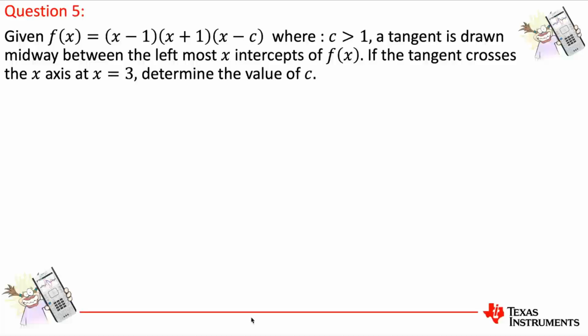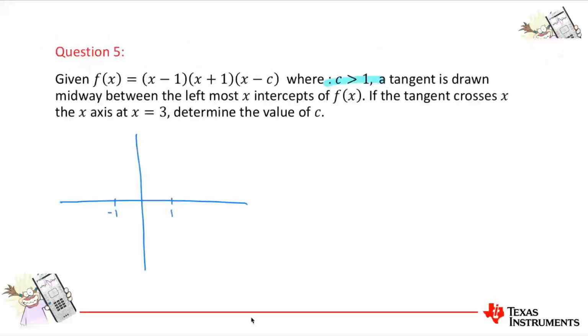Right, so to try and unpack this question, the first thing I'm going to do is highlight the fact that c is greater than 1. I've drawn a bit of a sketch for myself so I can see that f of x is x minus 1, x plus 1, so two of these roots are minus 1 and 1, and x minus c, because c is greater than 1, I know that c is somewhere towards the right-hand side of positive 1 on my x-axis.